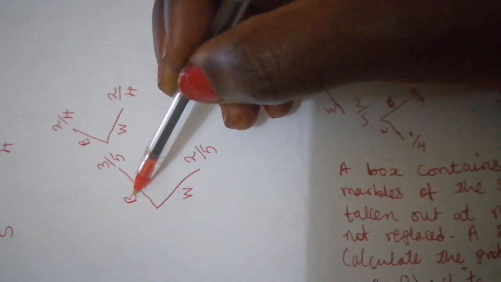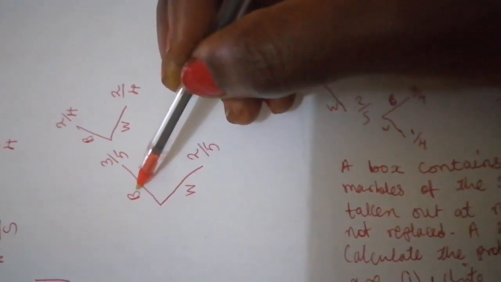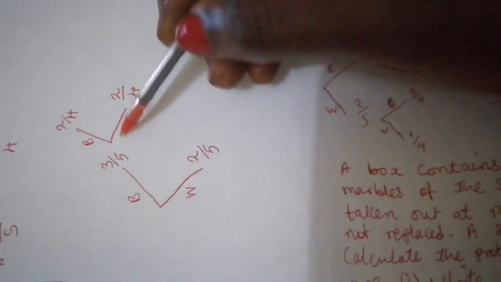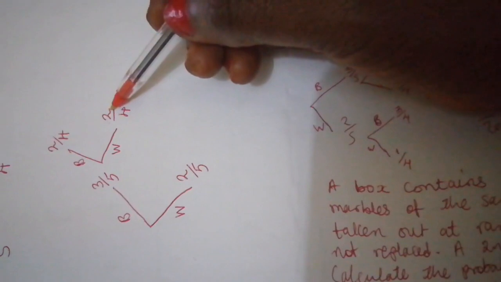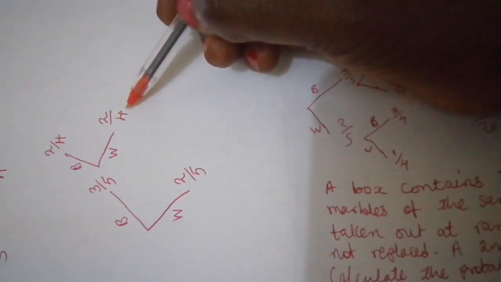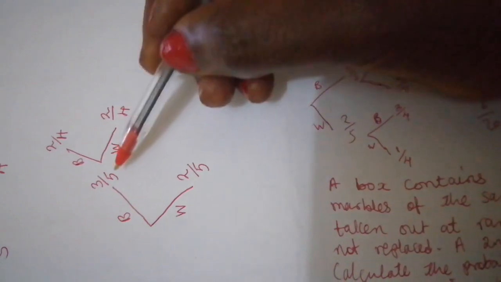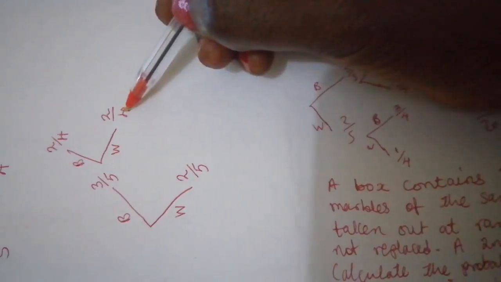Okay, so white wasn't disturbed. The number of white marbles was not disturbed. That's why we still have 2. But the total number of marbles in the box has been disturbed. We no longer have 5, we now have 4.